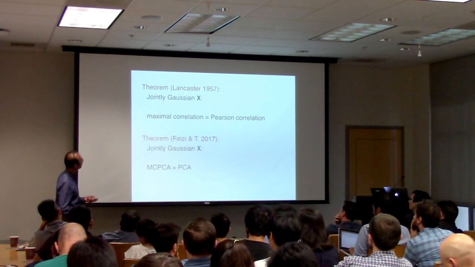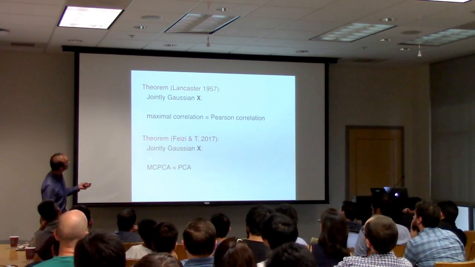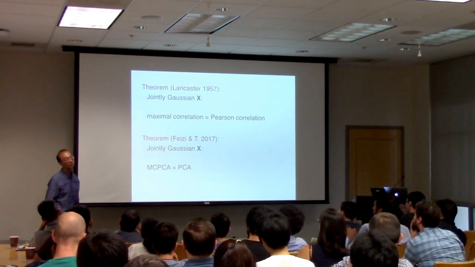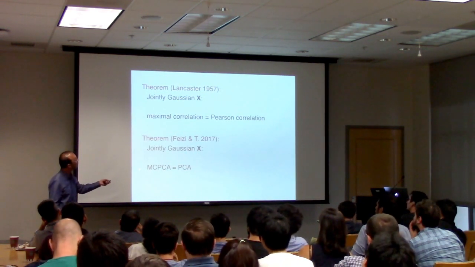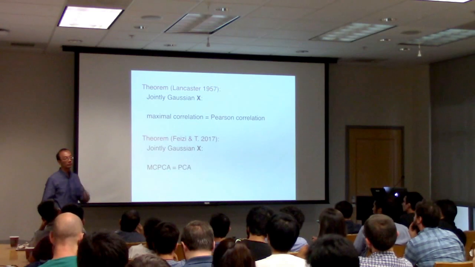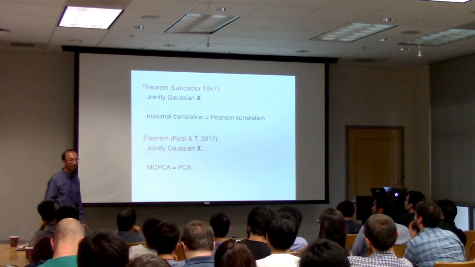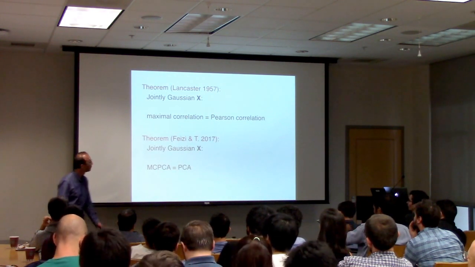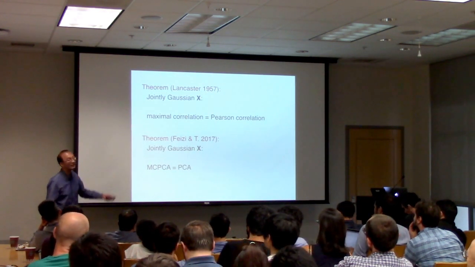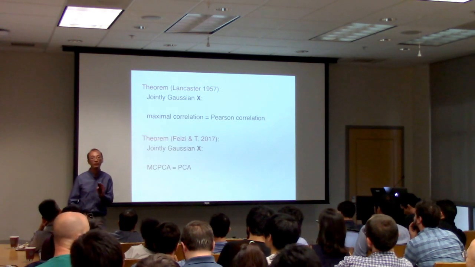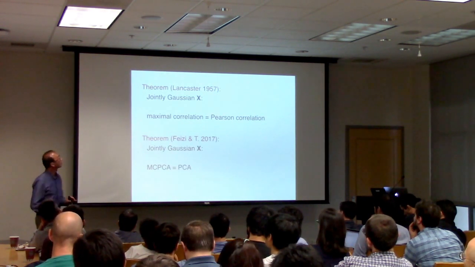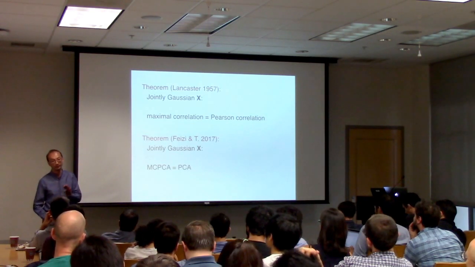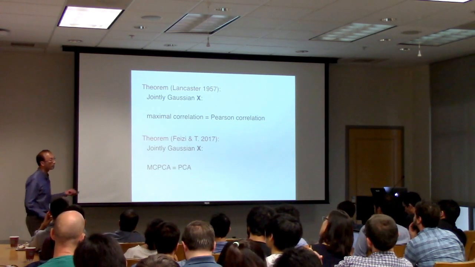And we proved, after some work, an analogous theorem for MCPCA, which says that if you have a p-dimensional random vector, then MCPCA equals PCA for jointly Gaussian random vectors. Okay? All right. True for every Q. In fact, this theorem says that you have a single optimizer for every Q. And this is connected to a notion called matrix majorization. Okay? But I won't go there.